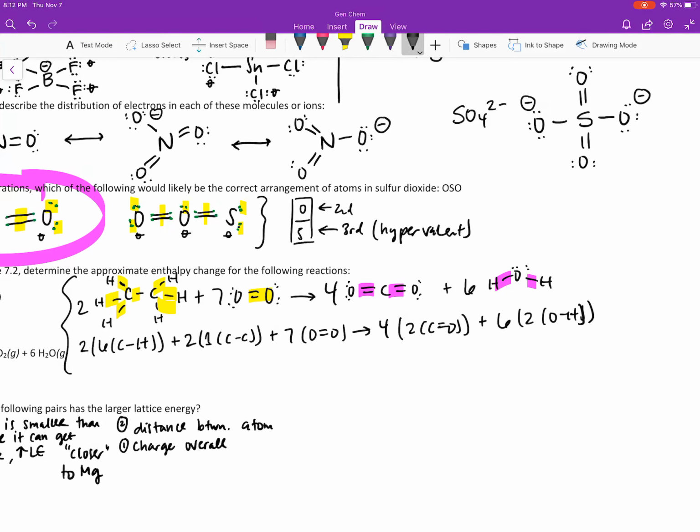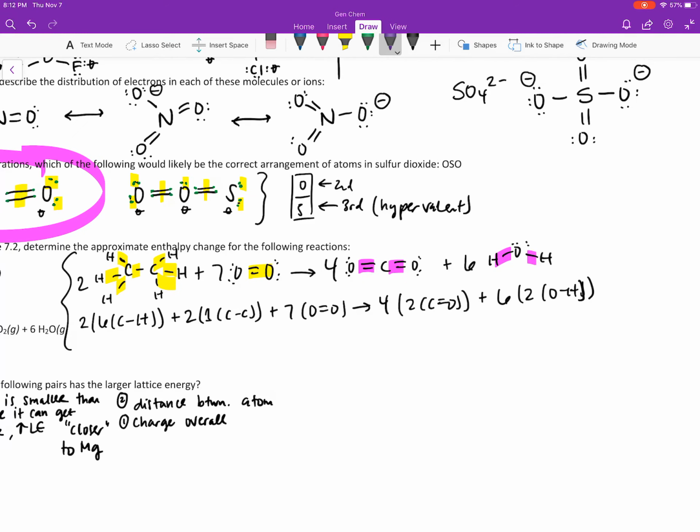Okay? And so now it's just a matter of plugging in my enthalpy values from the back of the book. I'm going to have 12 carbon-hydrogen bonds to break, and each is 415 kilojoules. And I'm going to have 2 carbon-carbons, which are 345 kilojoules per mole. And I'm going to have 7 oxygen double bonds, which are 198 kilojoules per mole.